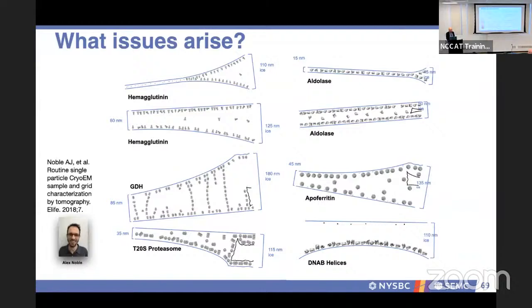If you ever took tomograms of your single particles, you will notice that less than 10% of your samples look like the upper right. That's perfect, right? You have a monolayer of macromolecule with just a few layers of water on either side. In reality, most samples are interacting with one, if not both, air-water interfaces, and might be interacting with itself and creating other effects.